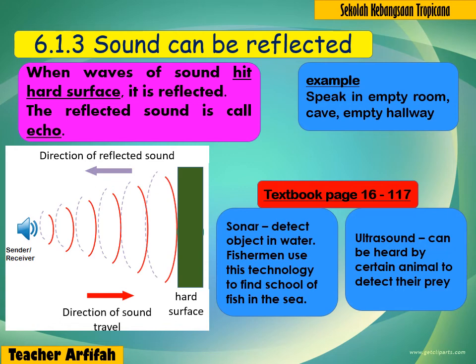For example, dolphin, whales, bat, kelawar. So, this ability, keupayaan ini help animal to detect their prey, untuk mengesan mangsanya. Okey, jadi macam kelawar nak tangkap haiwan yang dia boleh makan, menggunakan this ability lah.